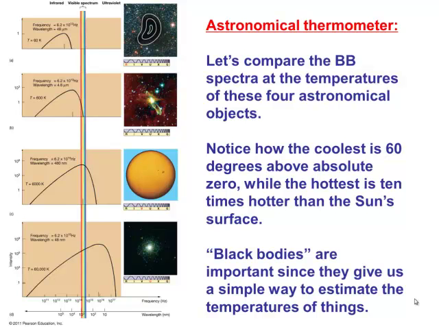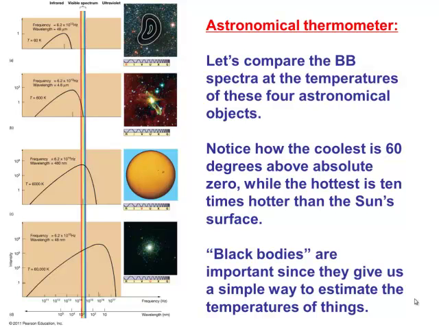So blackbodies are very important. The blackbody curves have to do with the surface temperature of the object, because they give us a simple way to estimate the temperatures of things based on their spectrum. Now notice how the coolest object is 60 Kelvin, the dark galactic gas cloud, and the hottest is 10 times hotter than the sun's surface.